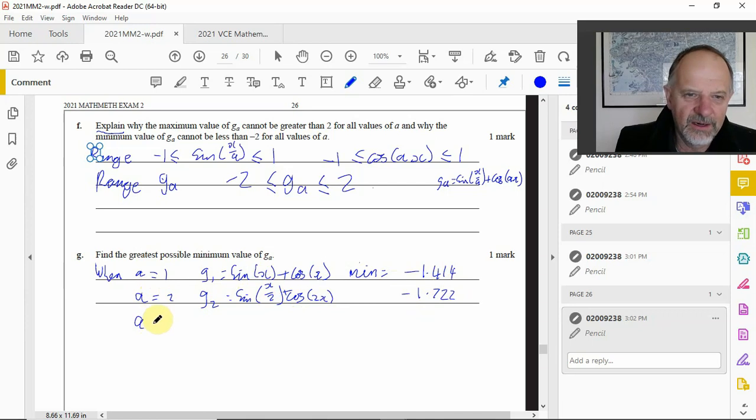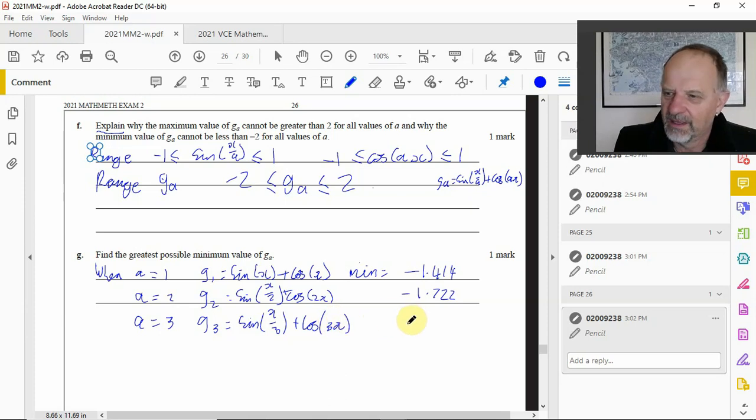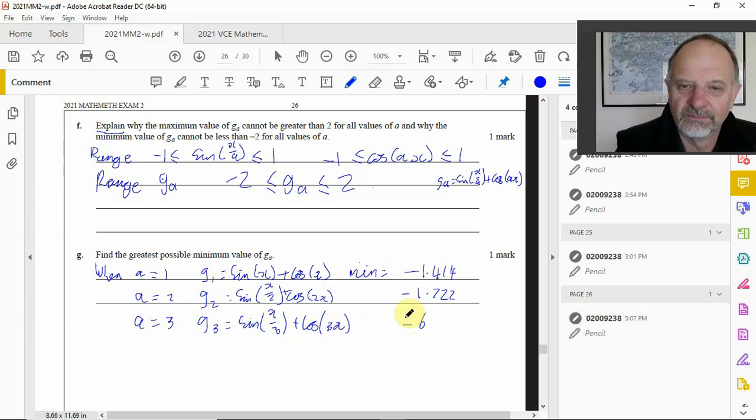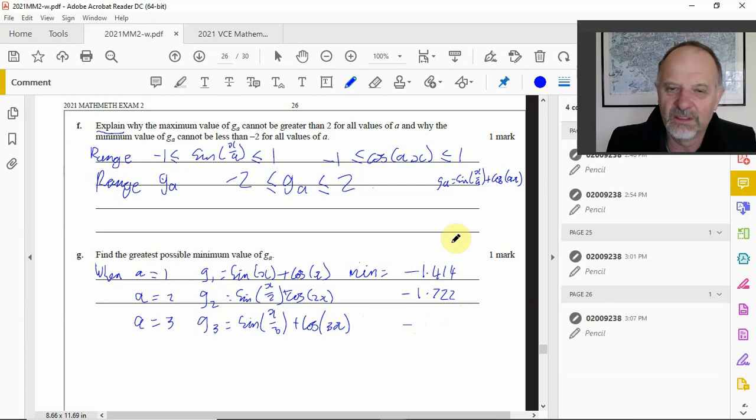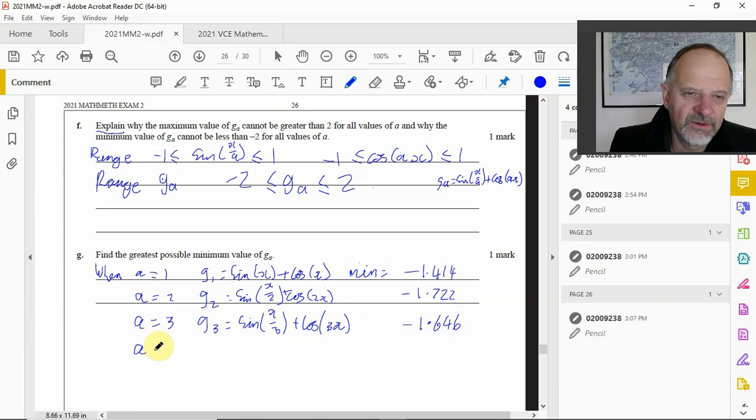And then A is 3, because I've prepared one earlier, sine 3x plus cos 3x, and the minimum of that is negative 1.646, and you can continue doing that if you like.